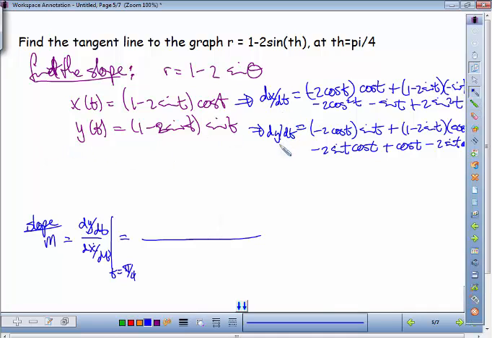So dx dt, dy dt, let's put pi over 4 in there. dx dt evaluated when t is equal to pi over 4. So for the first one, we'll put pi over 4.